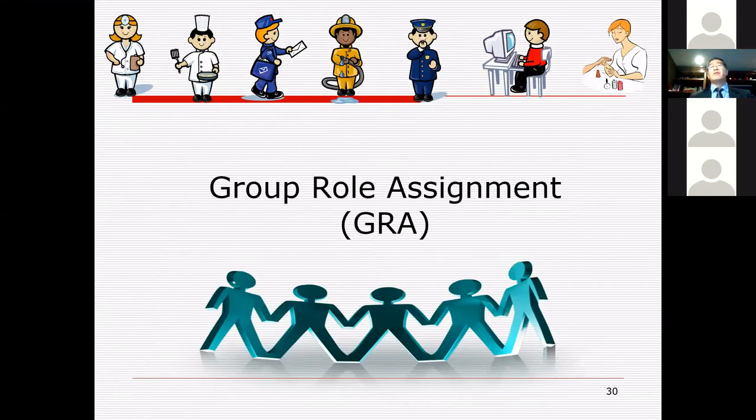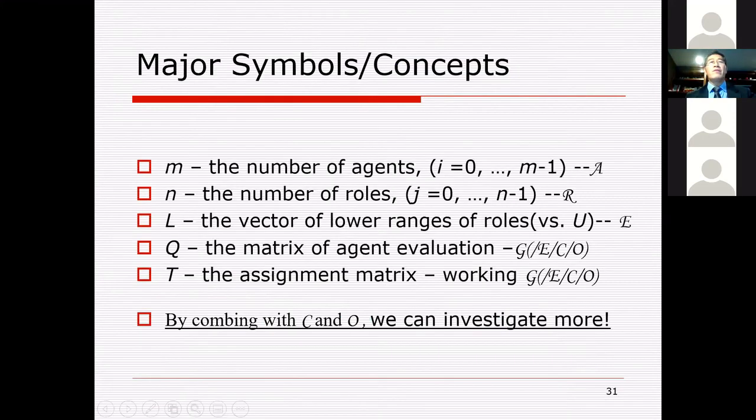Group role assignment. You can imagine that a group of agents and a group of roles, positions, or tasks need people to do them. And sometimes one position needs more than one person. If you understand this, you understand what group role assignment is. So here we have some symbols. M, you may ask, is this M the message? Actually, message in my work is changed into a music symbol.